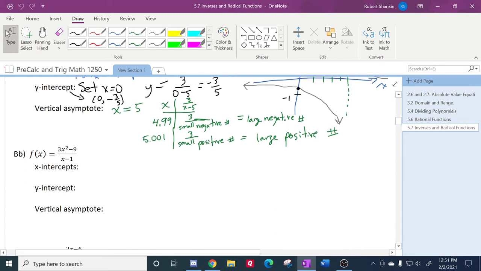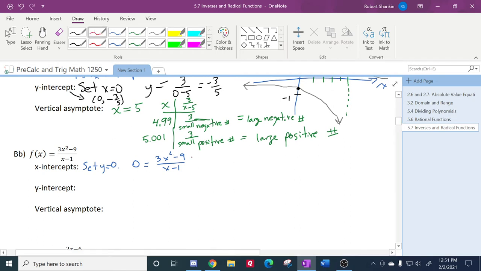All right. So for x-intercepts, you set the opposite letter, y equals 0. 0 equals (3x squared minus 9) over (x minus 1). Now, this is a fraction. The only way a fraction can equal 0 is if the top of the fraction is 0. So I could just ignore the bottom and say 3x squared minus 9 must be 0.